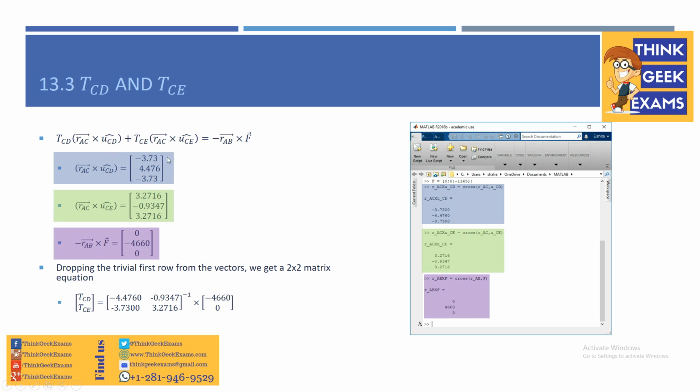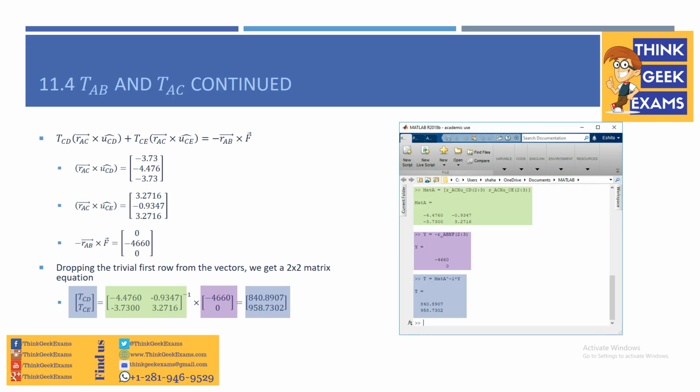So we have the coefficients done, so we should be able to notice that the first row and the third row are exactly the same. Since the first row and the third row are exactly the same, we can drop the first row altogether. So that's what we did over here.